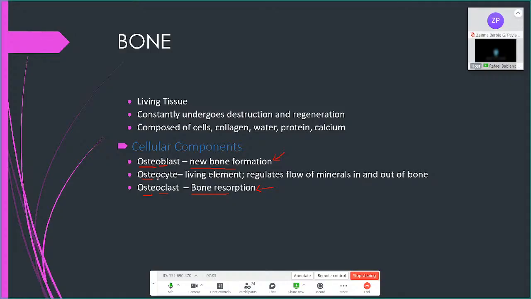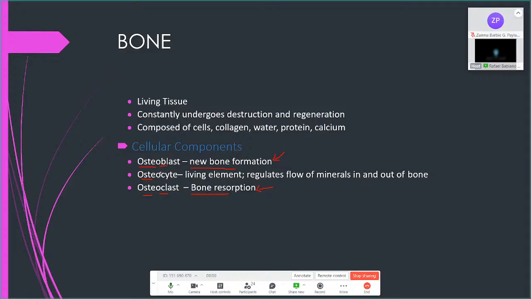And then we have osteocytes. You can think of them as the head of the bone cells, or the boss. The osteocyte regulates the activity of the osteoblasts and osteoclasts, like a boss telling them, do this, do this.